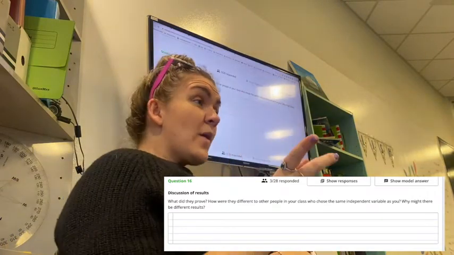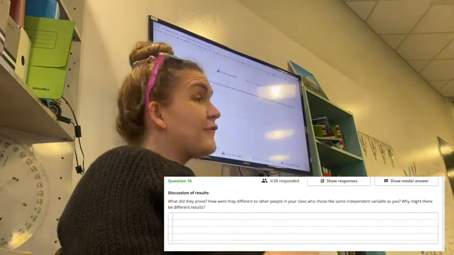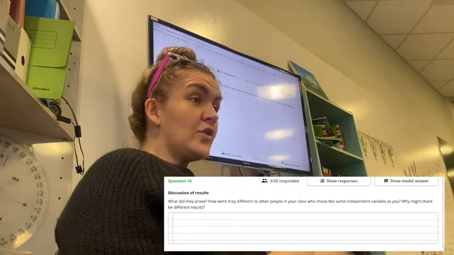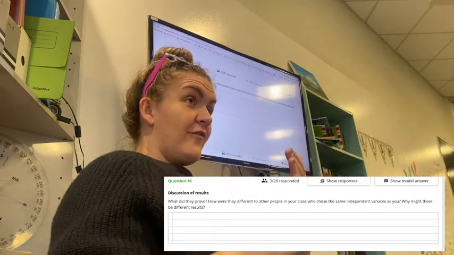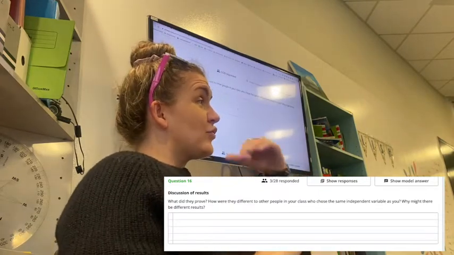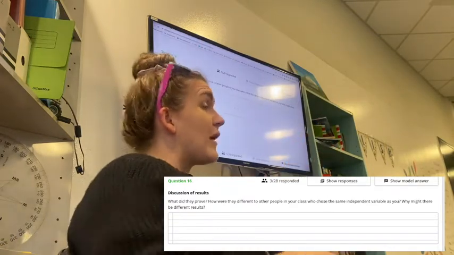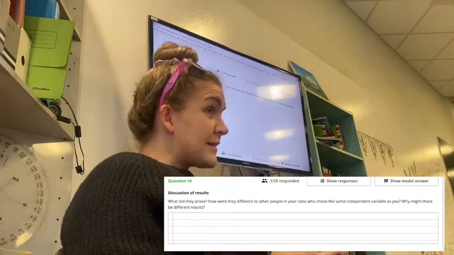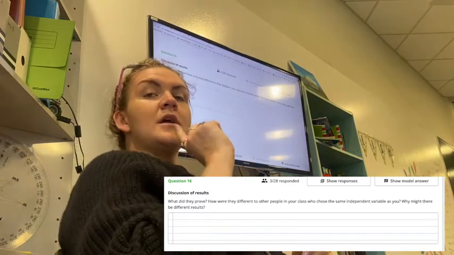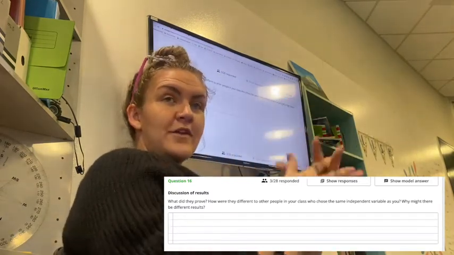This is where you also bring up the fact that in your graph you did not include salt water that was 3.5. You mention that you didn't put the 3.5 in your graph but that's because it had such low growth it wouldn't have shown on the graph, or whatever you want to write. Make sense? So what did you prove? This is proving your statement that you've just made.